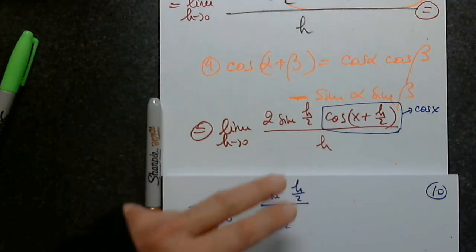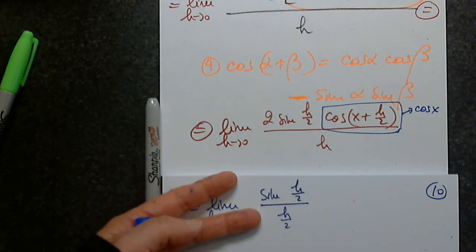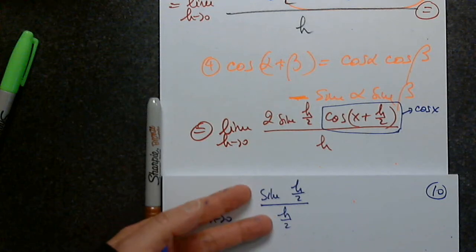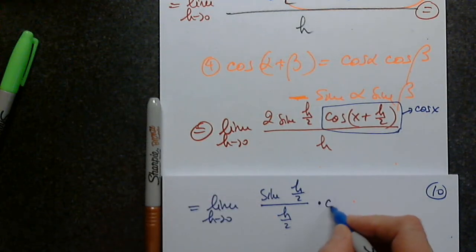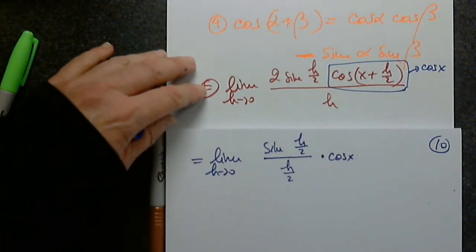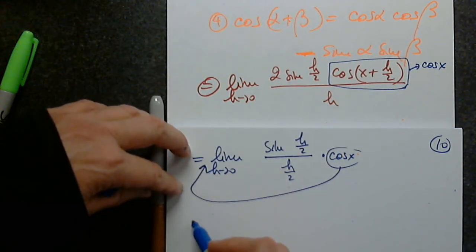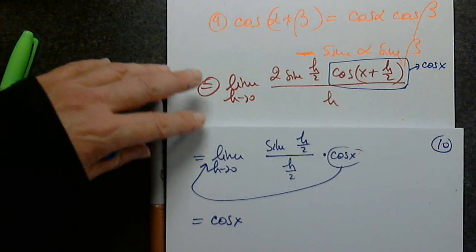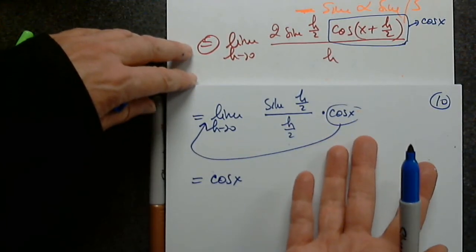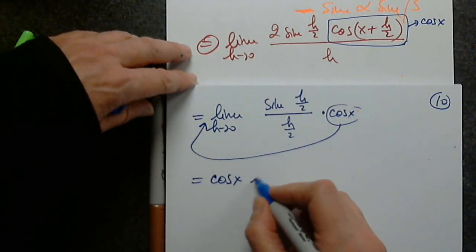Right? It's just a simple algebraic manipulation. When I divide by a fraction, I flip. Multiply by cosine x, which, by the way, does not depend on h. I could have taken cosine x right in front, and I'm going to do it, but just to make sure that you understand that cosine x does not depend on h anymore.